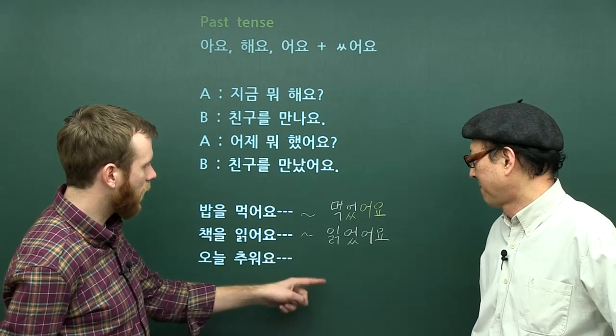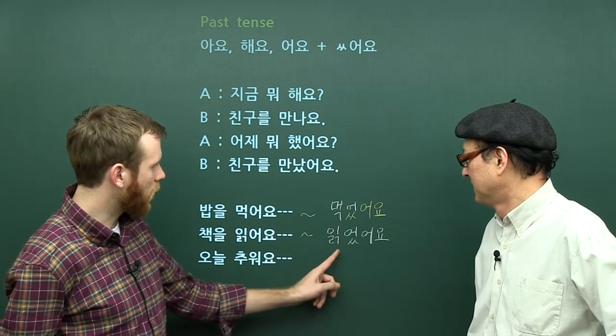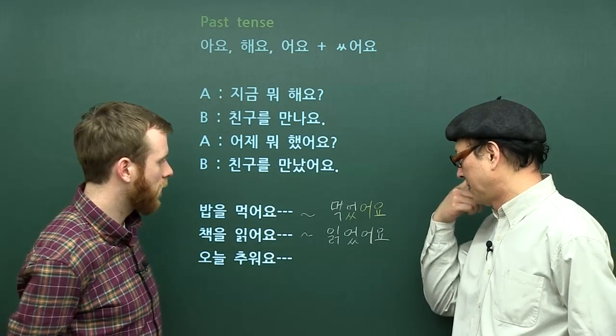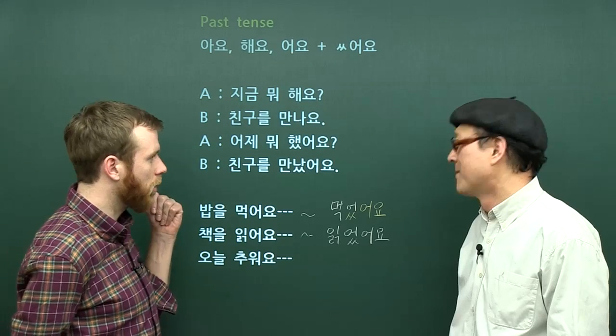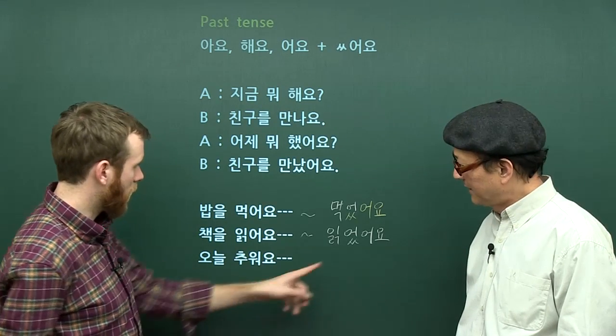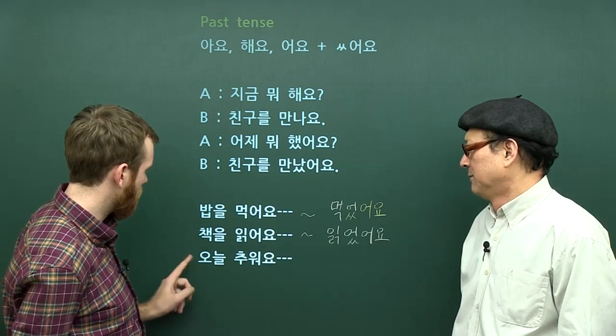So the verb 읽다, it ends in that kind of G, K consonant sound. So yeah, we carry it over in our pronunciation. So 읽었어요. So I read a book. All right, so again, talking in the past, we just add ㅆ어요.